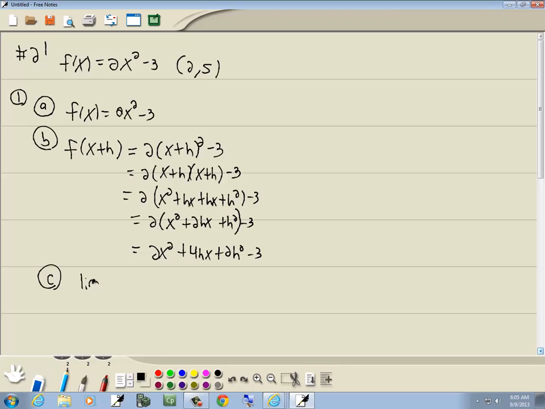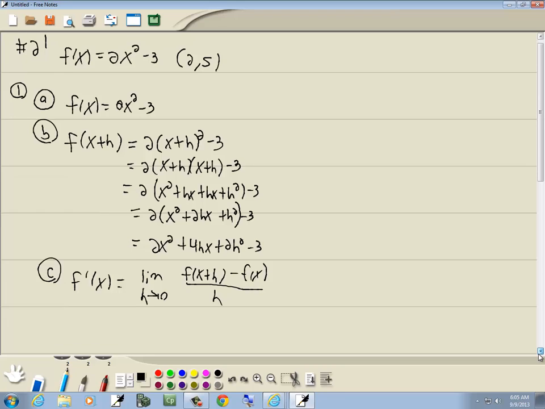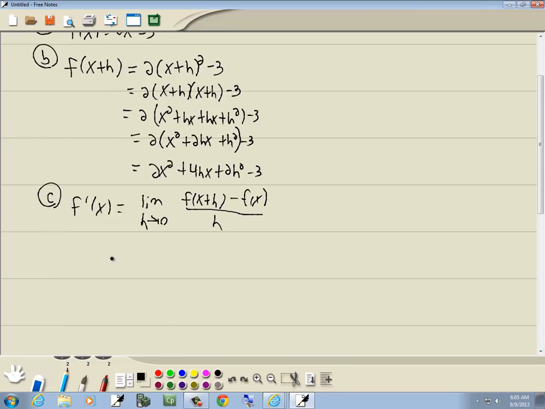Next thing we need to do is plug it into a formula. Our derivative is going to equal the limit as h goes to 0 of f of x plus h minus f of x, all over h. So we plug in what we just identified.